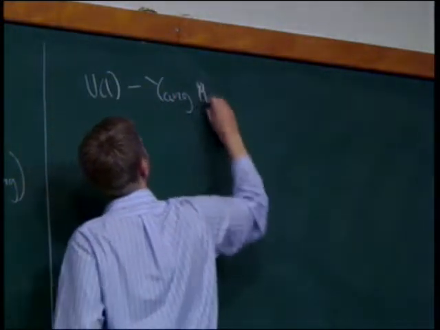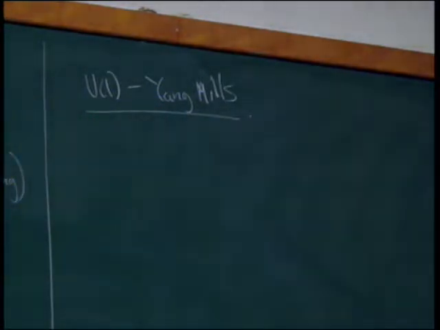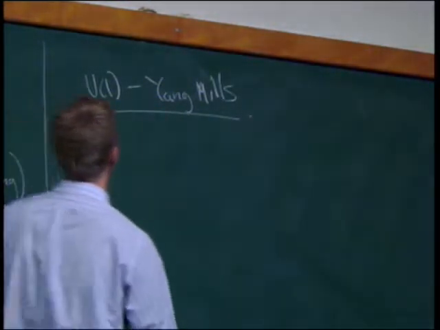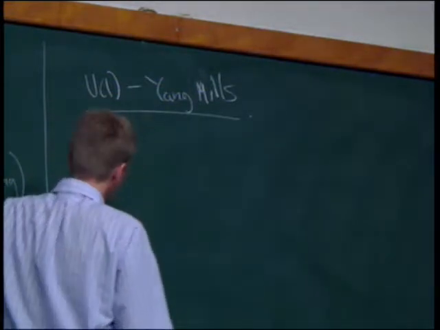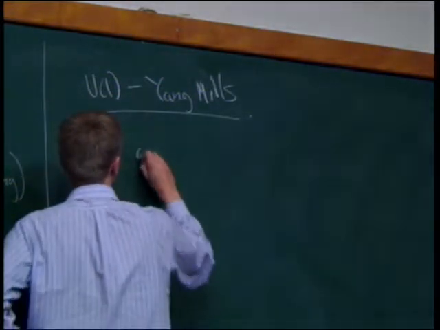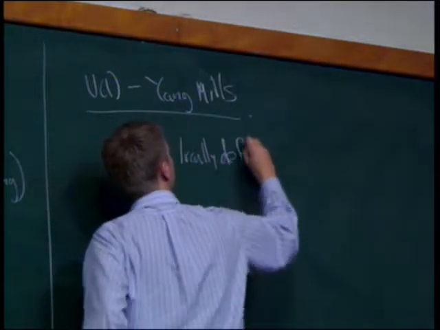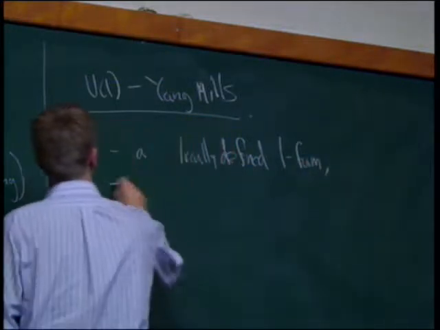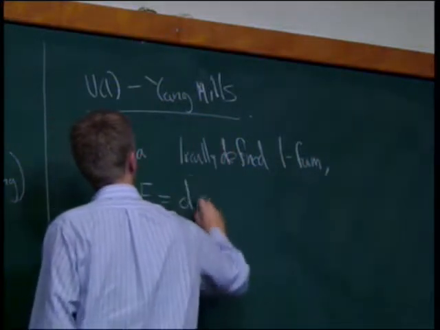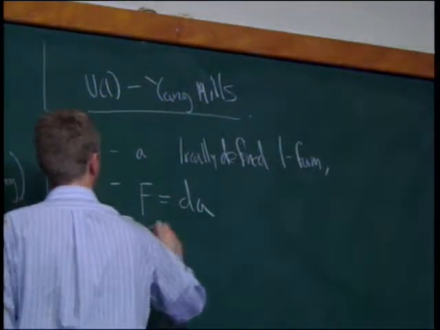by, I'm going to give it to you just by direct analogy with U(1) Yang-Mills. I'm not even going to give the proper definition of U(1) Yang-Mills. So here you can just think of the connection as: take a locally defined one form, and then you have the field strength F is dA, and of course it's closed.